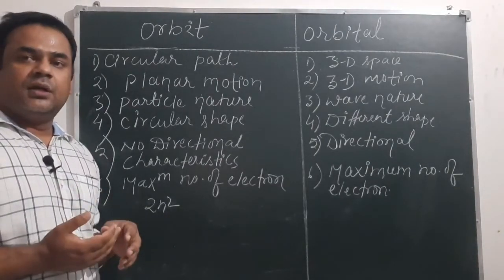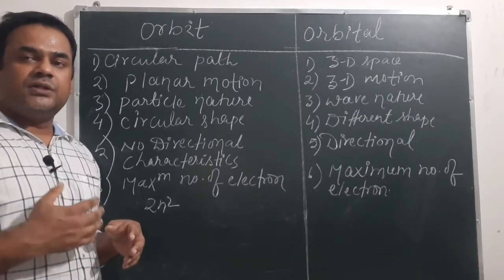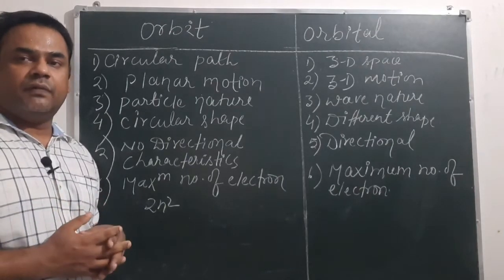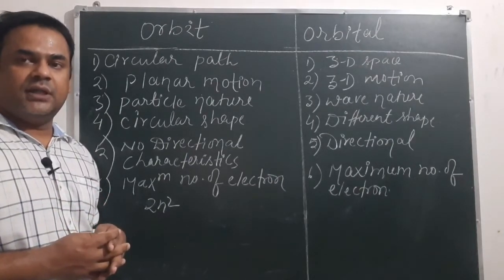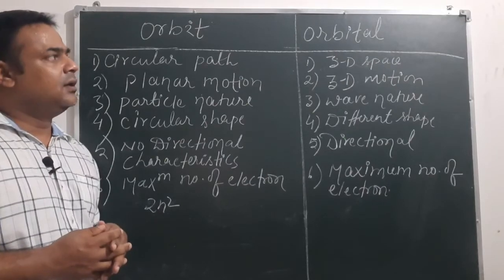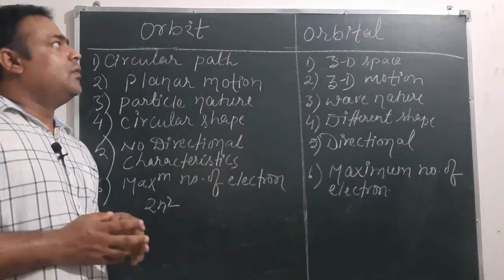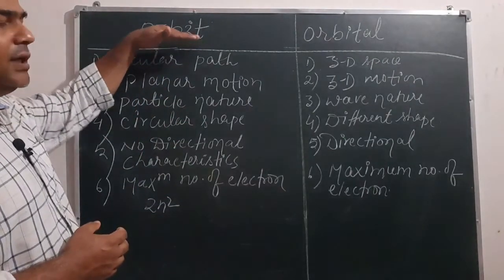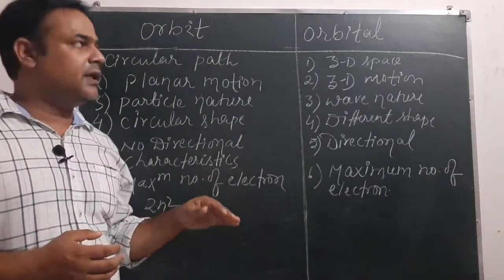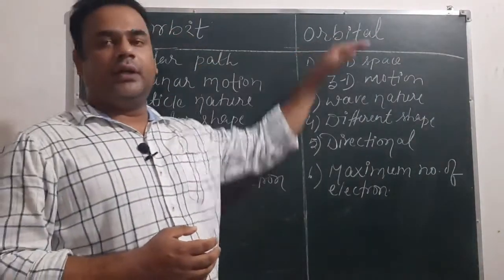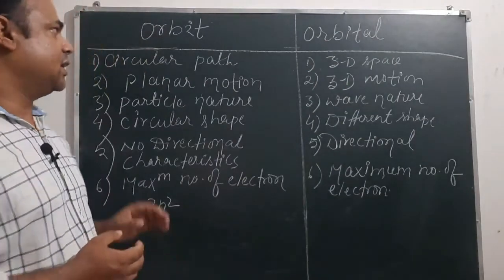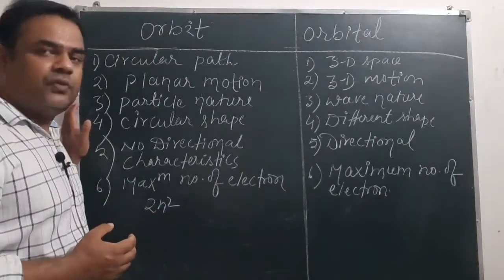In wave nature, we assume that the electron is a wave, so it has all the properties of a wave like wavelength, frequency, time period. So orbit is mainly based on the particle nature of electron, and orbital is based on the wave nature of electron. So here we have to discuss the difference.